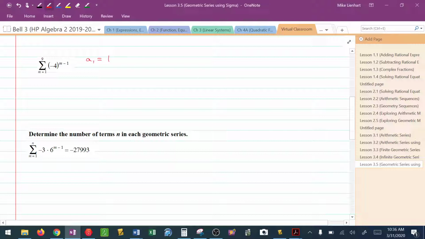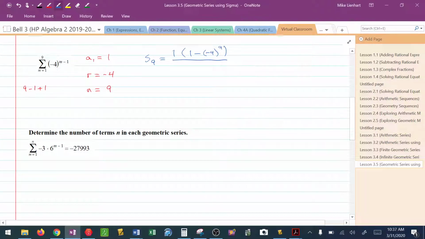I know that r is negative 4 because that's what's being raised to the power. If I take 9 minus 1 plus 1, I know that n will be 9 terms. So S sub 9 is equal to a sub 1 times 1 minus r to the n, divided by 1 minus r.